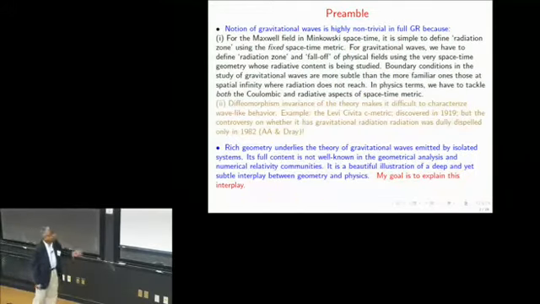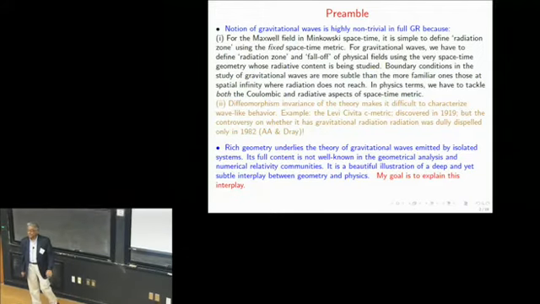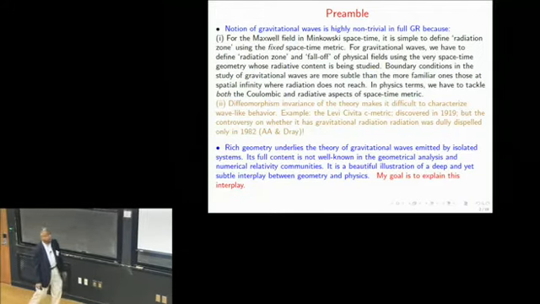So this preamble, the audience is quite diverse, and therefore I just apologize to experts in the audience. They know most of the things that I'm going to say in the first few transparencies at least. But the notion of gravitational waves is really highly non-trivial in full general relativity.